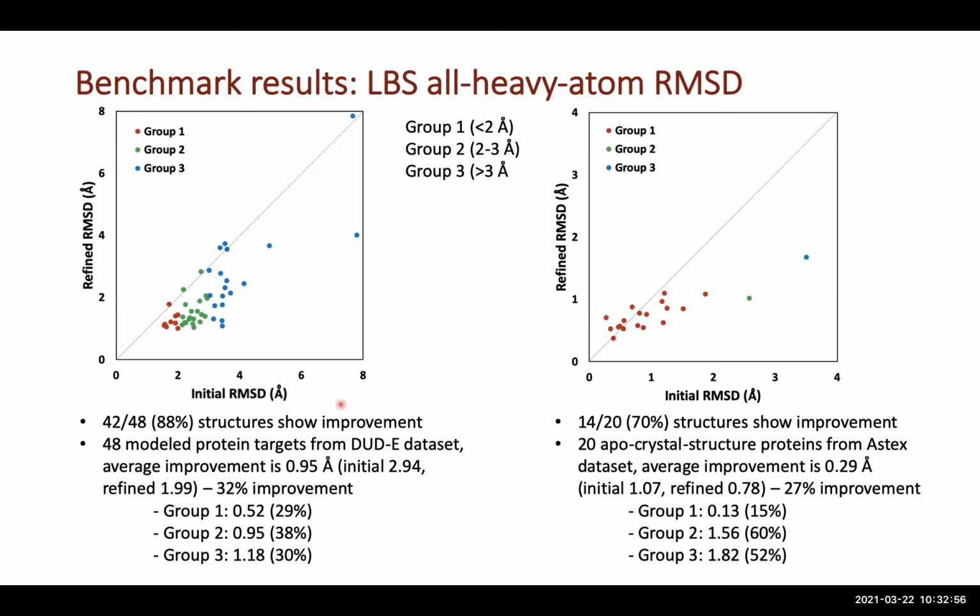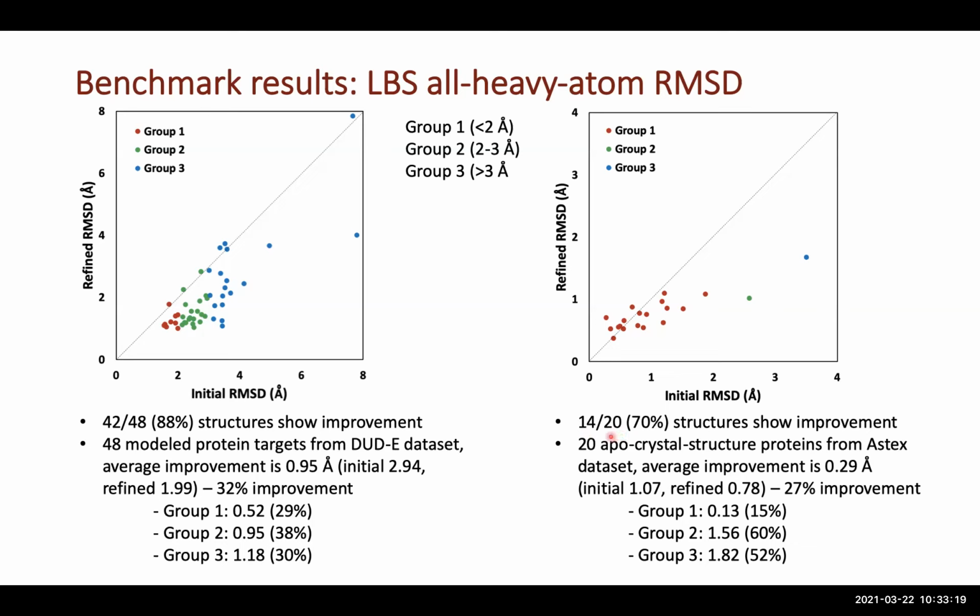So it shows that regardless of the different types of binding site structures, we can still show improvement using our method. And for this, we want to generate holo structure conformations for our binding sites, and we use apo crystal structures. We show 70% success rate.